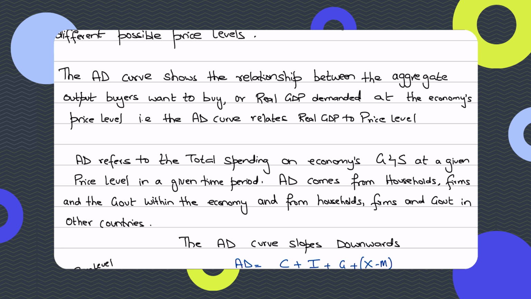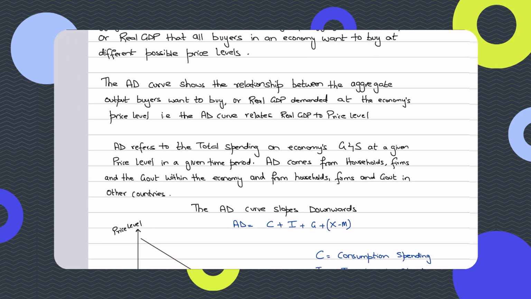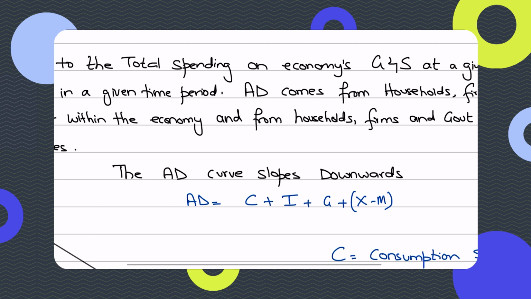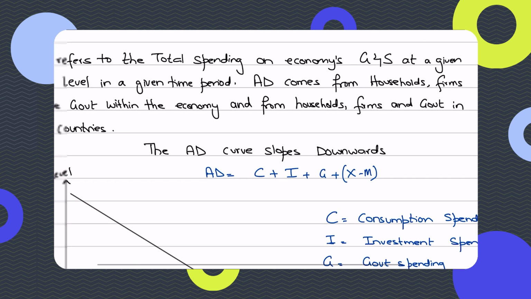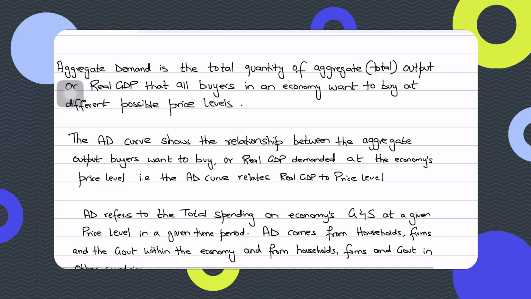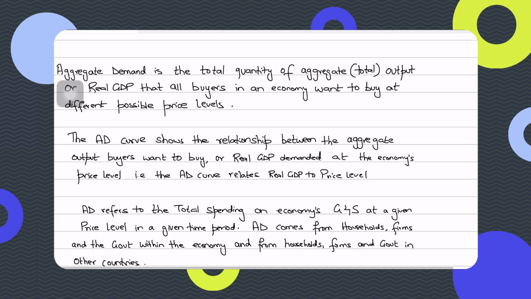So now, the aggregate demand curve slopes downwards. And if I analyze again whatever I just mentioned, just to recap things: what we are studying is that aggregate demand is defined as the total demand for all the goods and services by all the buyers across the aggregate economy, right?